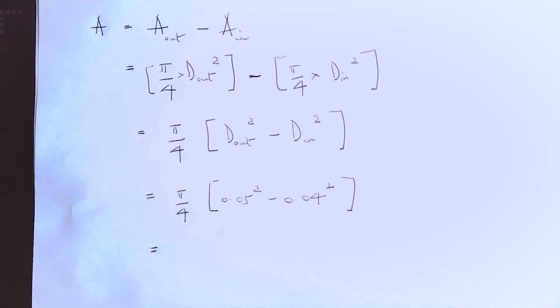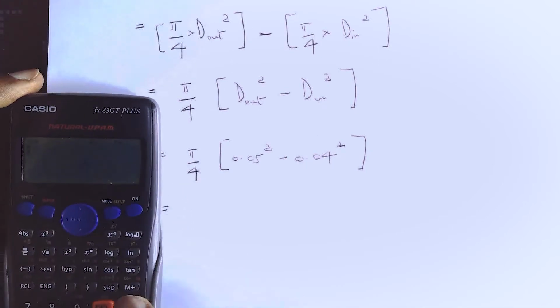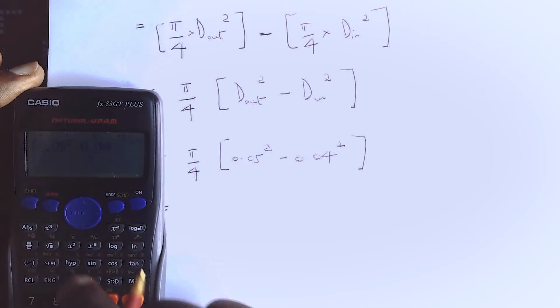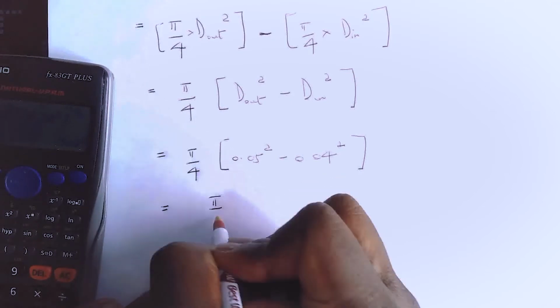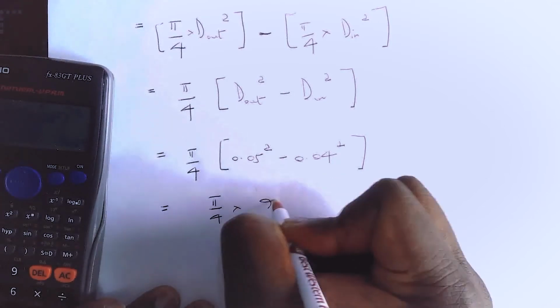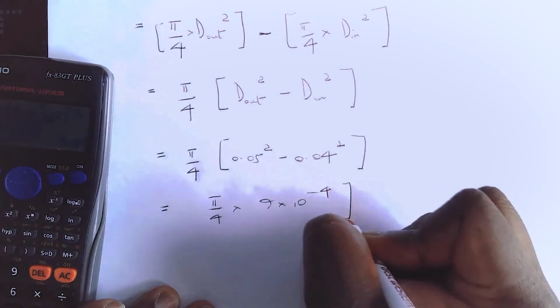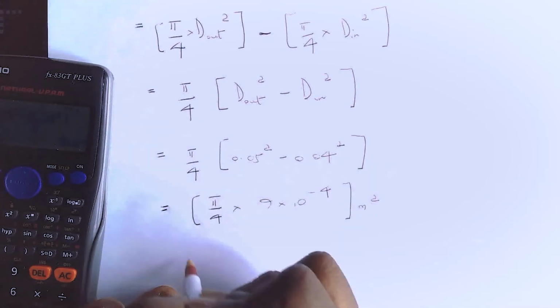So what would this give us? Let's bring our handy calculator. Let's work out what's in the brackets first. We've got 0.05 squared minus 0.04 squared. That gives us pi over 4 times 9 times 10 to the power minus 4, in meter squared.